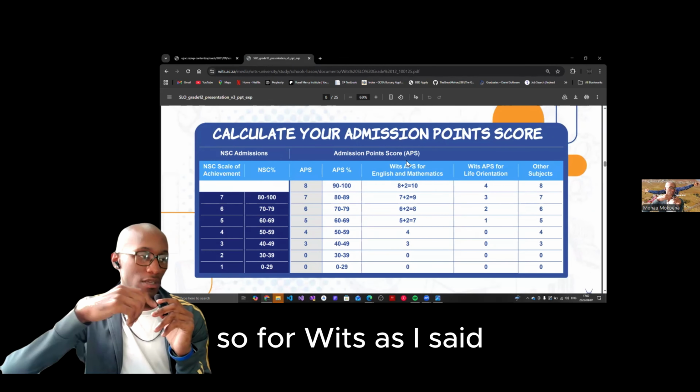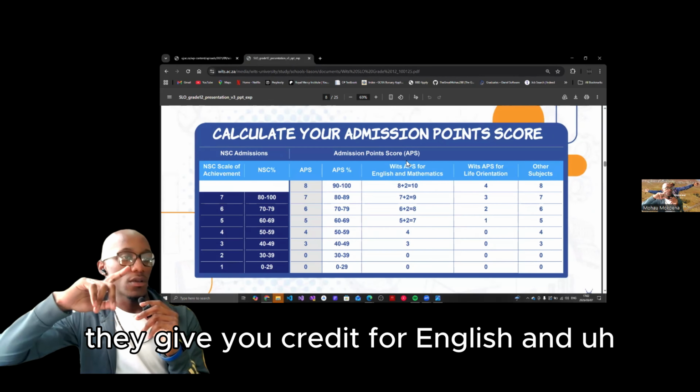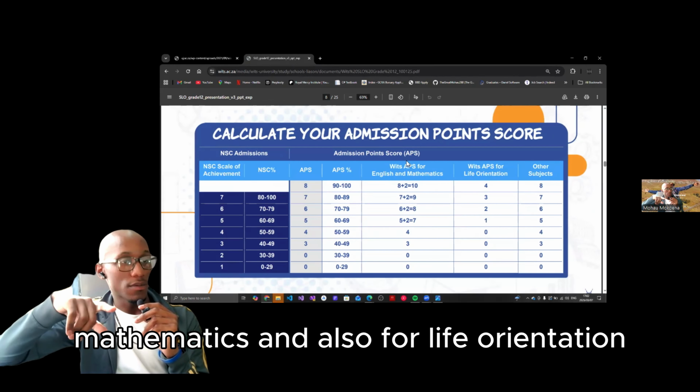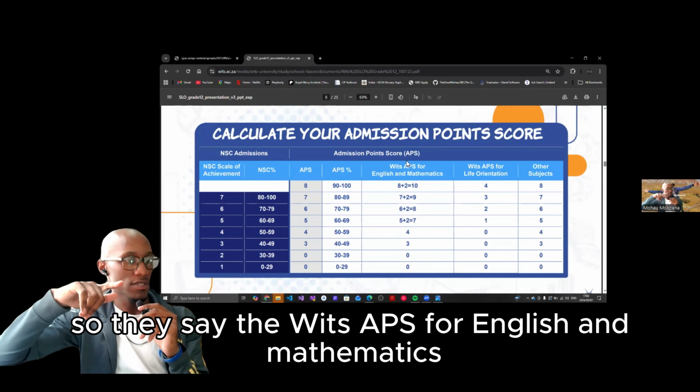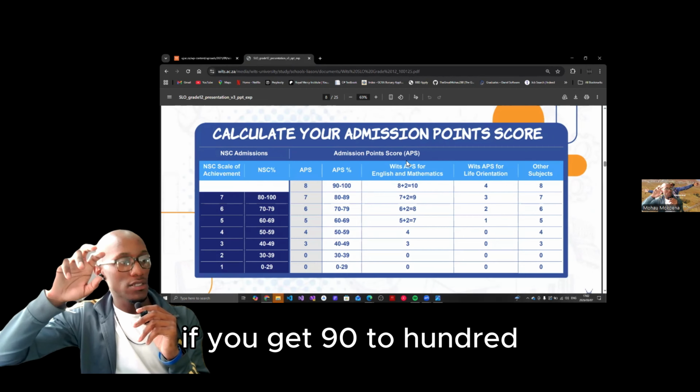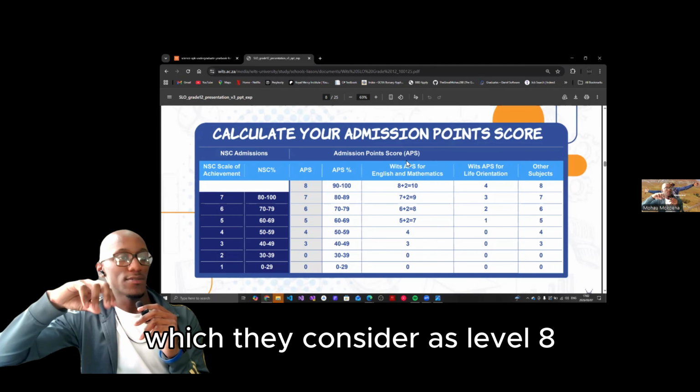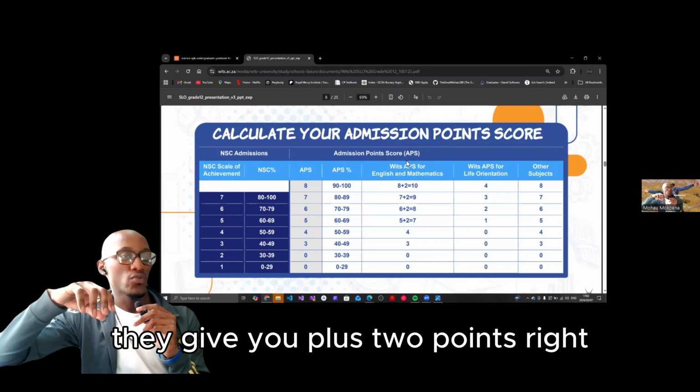So for WITS, as I said, they give you credit for English and mathematics and also for life orientation. So they say the WITS APS for English and mathematics: if you get 90 to 100, which they consider as level 8, they give you +2 points, right?